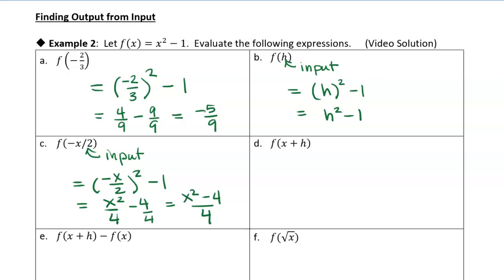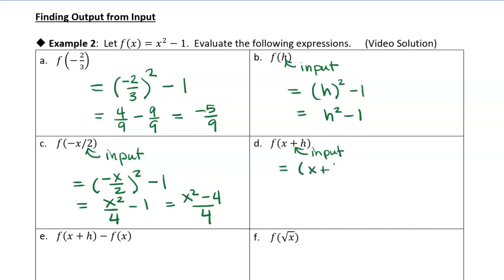All right, but we don't have to. Either one of these is a perfectly fine answer. Either x squared over 4 minus 1, or the quantity x squared minus 4 all over 4. Okay, either one's fine. So that's what we're doing. This is now the input to the function, and we're going to find the output with that input.